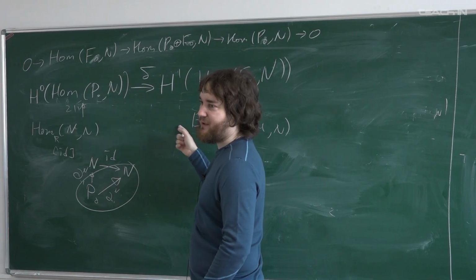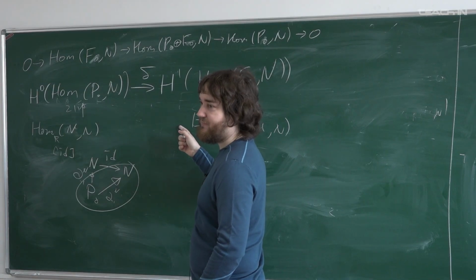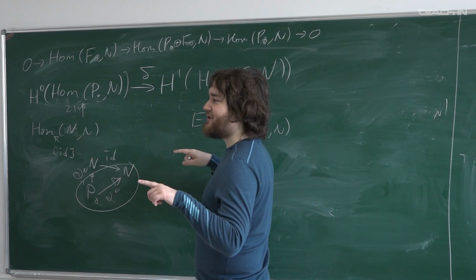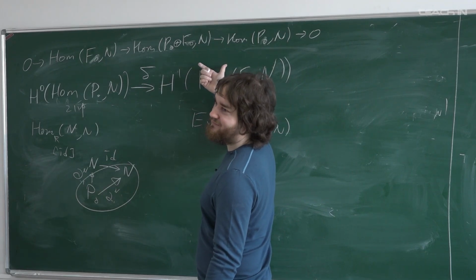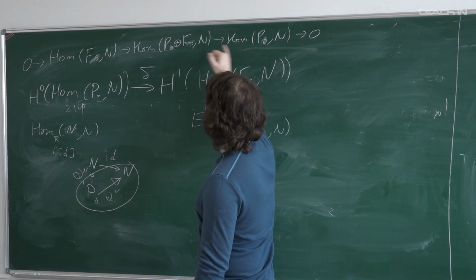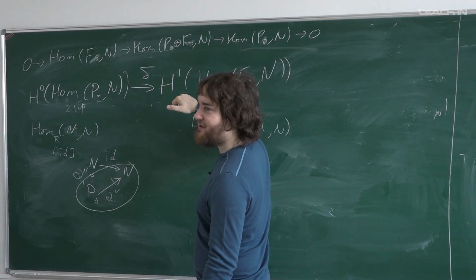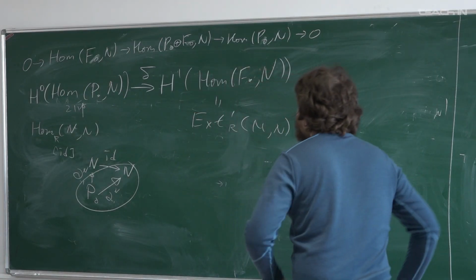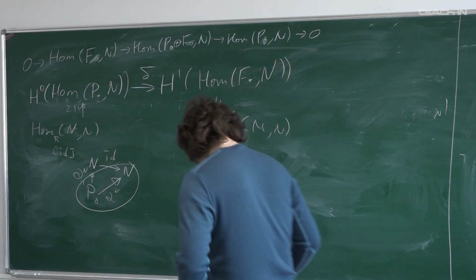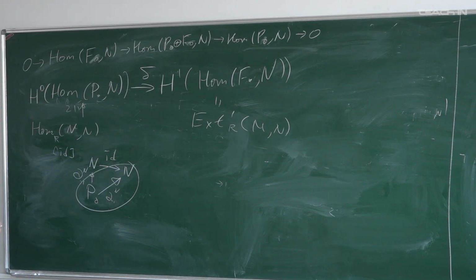It's the definition of the boundary map in a long homological exact sequence corresponding to a short exact sequence of chain complexes. I have an element from here, a cycle. I consider a preimage, consider the boundary, and this boundary is in fact from here. Okay. Now let's do this.